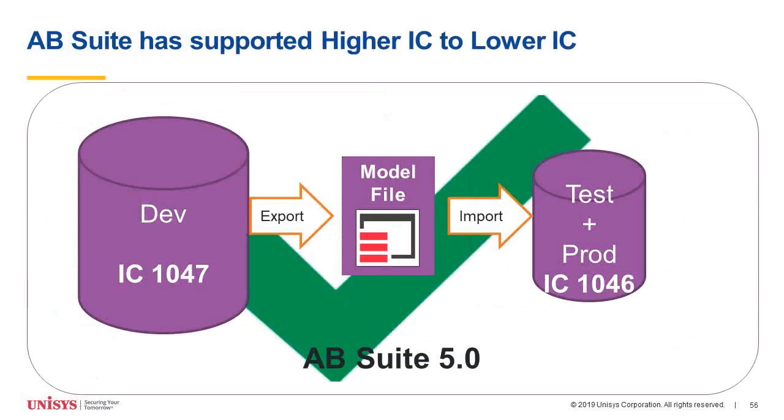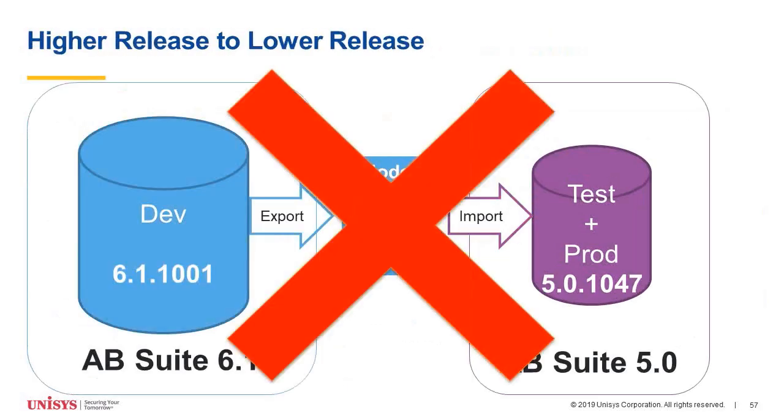As we said, we've always supported the ability to put your development environment at a higher IC number or level, if you will, and export and import those things into test and production, looking at the standard domain of a development environment, a test environment, and of course your production environment. So this has always been supported.